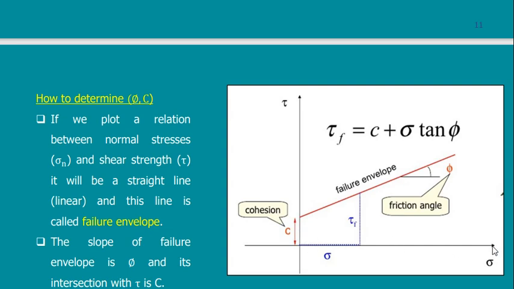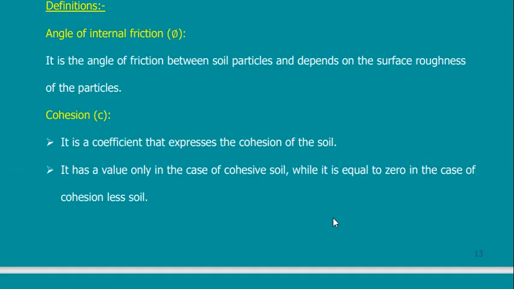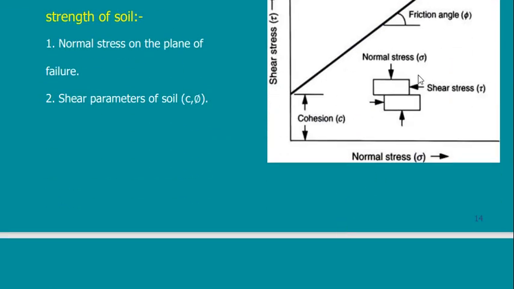At a normal stress of 0, I still have some shearing stress because of the adherence between the particles. Then when I increase the vertical stress on the sample, I start to have shearing stress depending on the value of phi, so it is the vertical stress multiplied by tan phi. This is just a normal presentation of it.